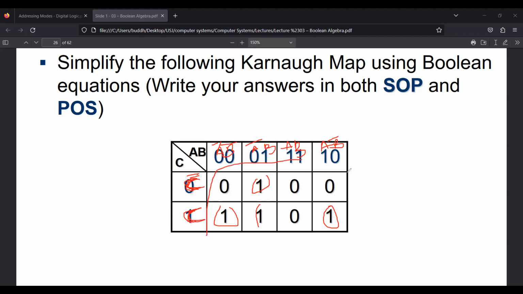Only this part is relevant to the Karnaugh map. So there are 4 ones: 1, 2, 3, 4. Please derive the expression and put it in the chat.